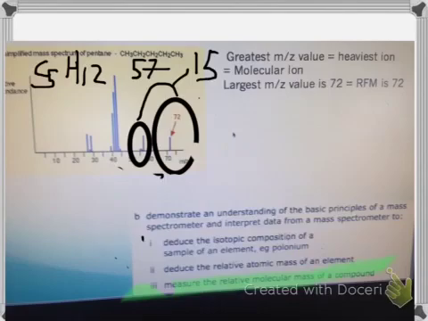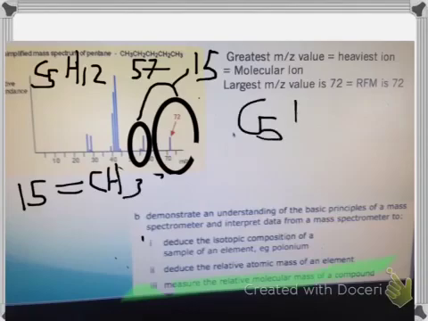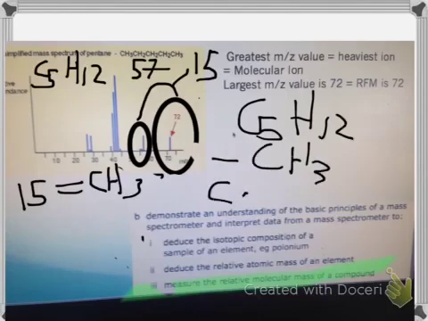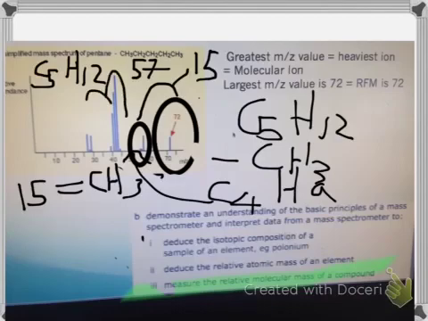I know I've lost 15, and I know 15 is worth CH3. So I started off with C5H12, I've lost a CH3, so I end up with C4H9. I know that fragment is due to C4H9, and I could do exactly the same for each jump and work out what I'm left with.